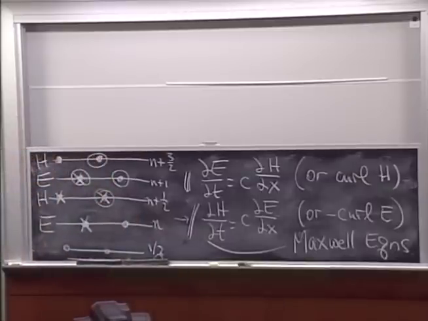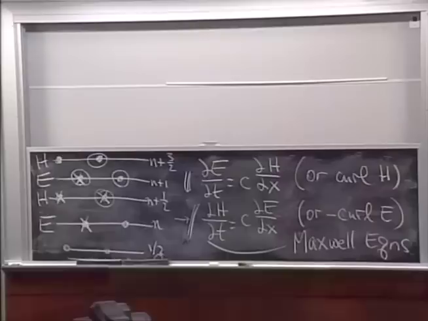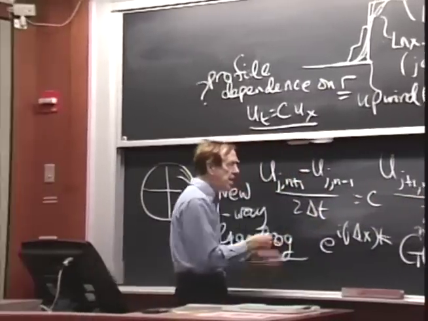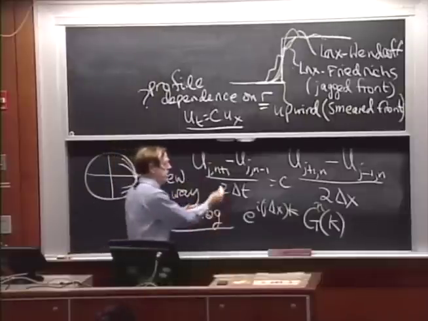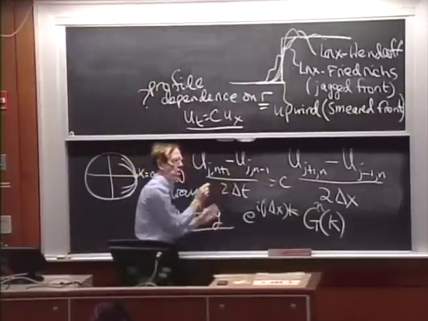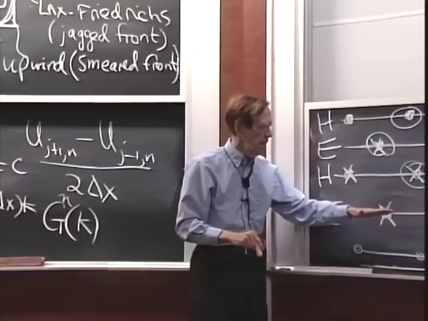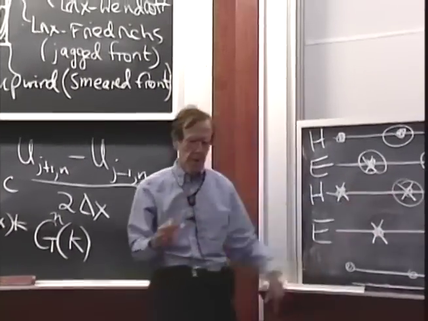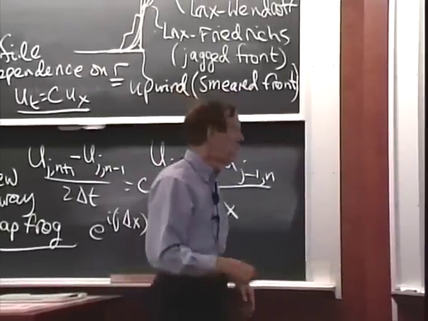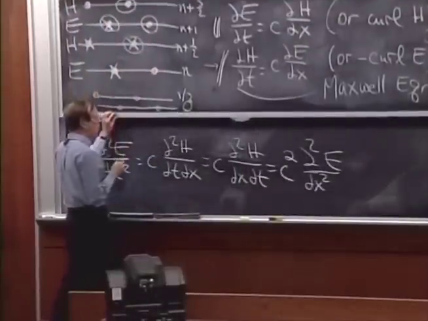You see, it's a simple idea. It's close but different from my scalar leapfrog, one-way leapfrog here. Here it was the same U at all the points. Here it is E at the integer time levels and H at the half integer time levels. And, well, it's natural to say I'm calling this leapfrog.